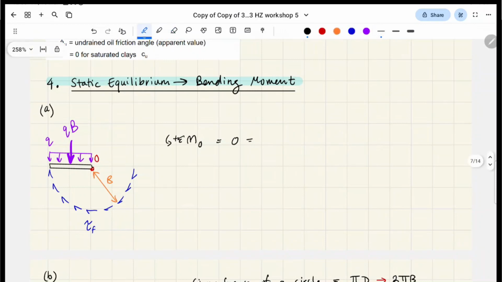So in terms of counterclockwise moments, we're going to have QB, right? But now we have to multiply it by the lever arm. So the lever arm from point O to that force is going to be B on 2. Right? And now we have to subtract our resisting force, which is the soil strength.